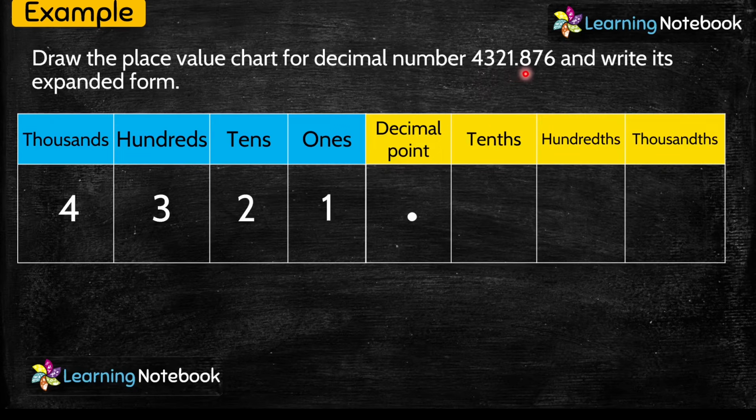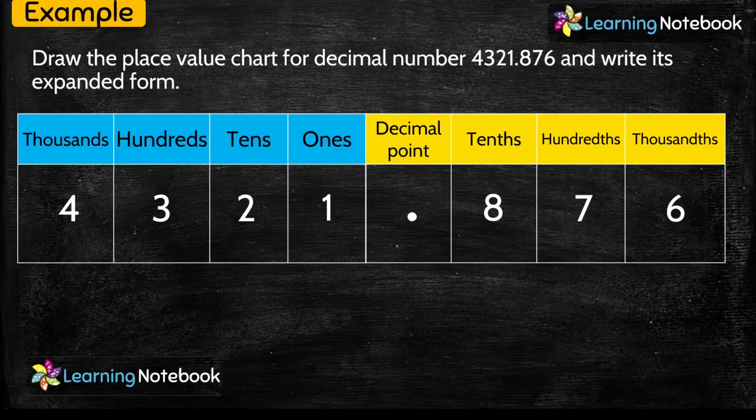Then we will represent the decimal part, which is 876, where 8 is at tenths place, 7 is at hundredths place, and 6 is at thousandths place.